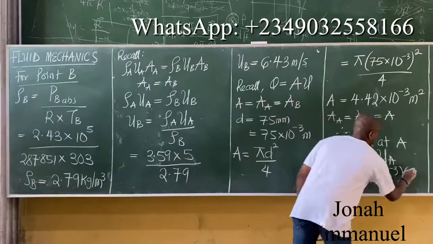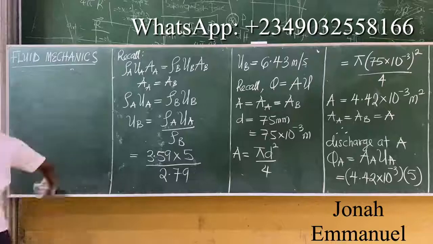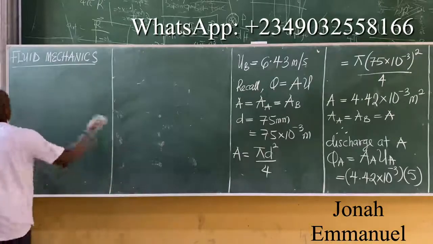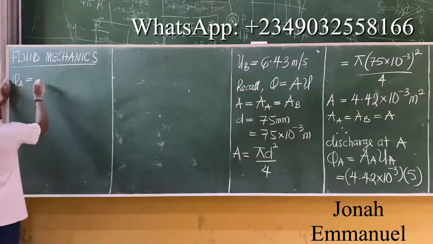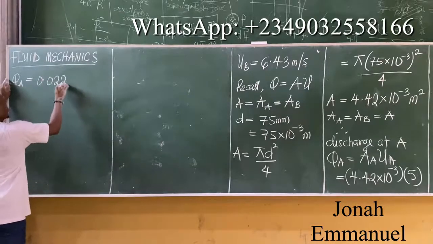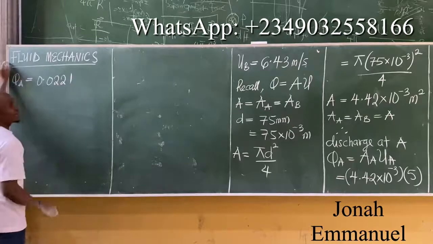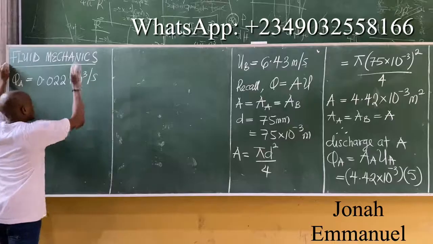UA is 5. Alright, from here, QA is equal to 0.0221 units. Discharge, volume over time, meter cube per second.